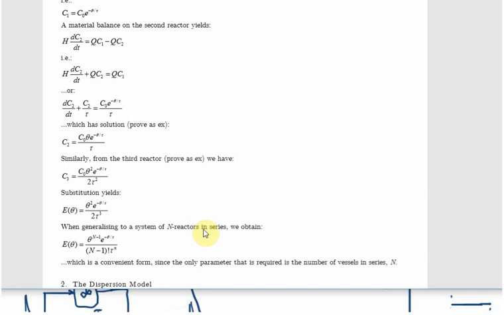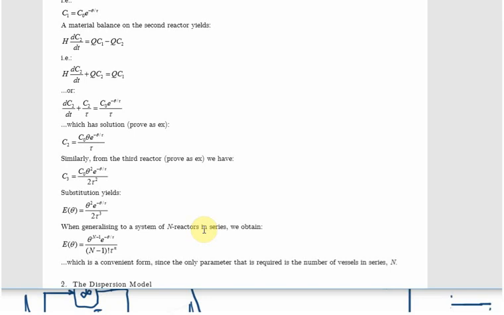And for n tanks in series, you can show that this is the general form, because you can see the progression here. When it's 1 tank, we have just C naught e to the minus theta over tau. When you have 2 tanks, you also have C naught e to the minus theta over tau, and you have that extra theta in there. Then for 3 tanks, you have the same thing, and then tau squared, and so on.